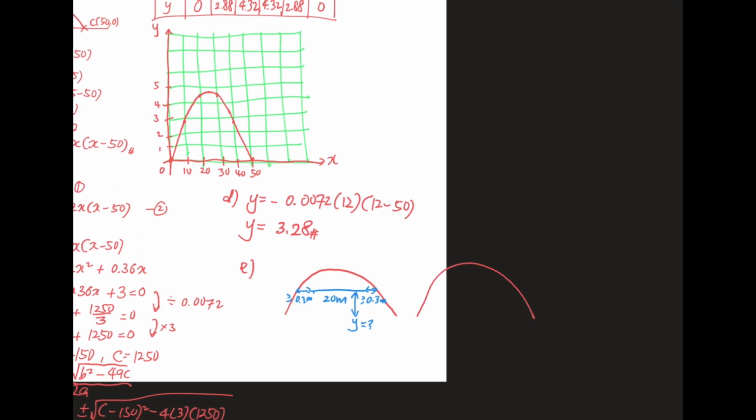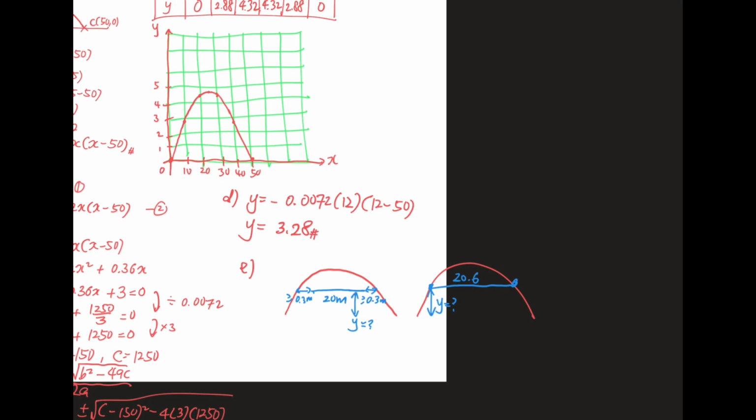So here have to be 0.3 and 0.3. Now we have a situation like this, and then here is going to be 0.3 plus 20 plus 0.3, which is 20.6.